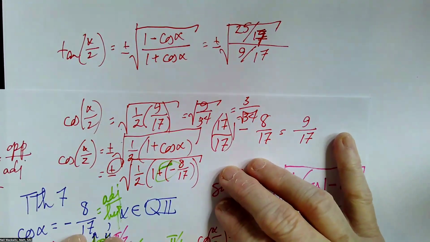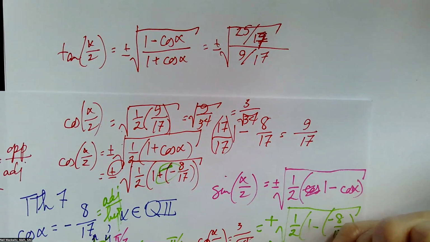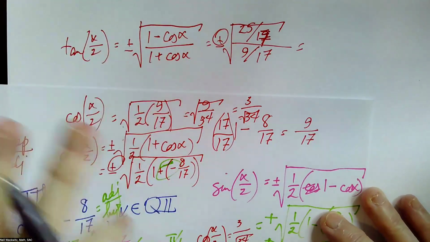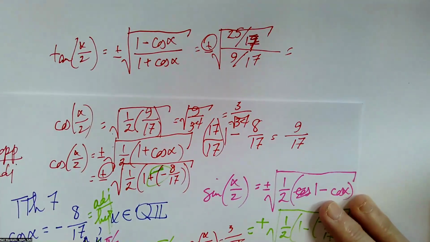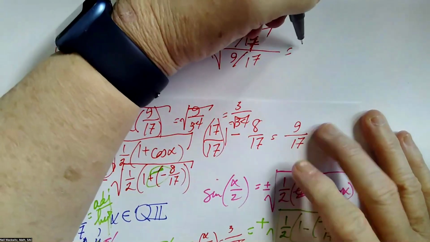And that means we're going to multiply numerator and denominator by the square root of 17. And again, we know that alpha over 2 lives in quadrant 1, so we're going to choose the positive.